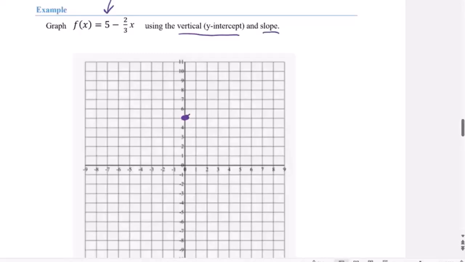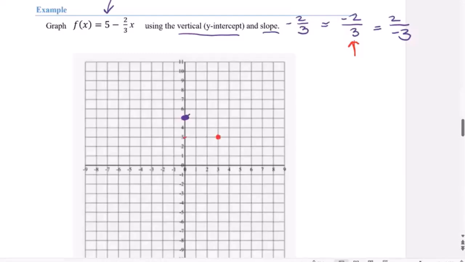And then my slope is minus 2/3, which is really the same as minus 2 over 3, or I can say 2 over -3. All of those are equal. Remember it's rise over run, so I'm going down 2 and to the right 3. 1, 2, 3.